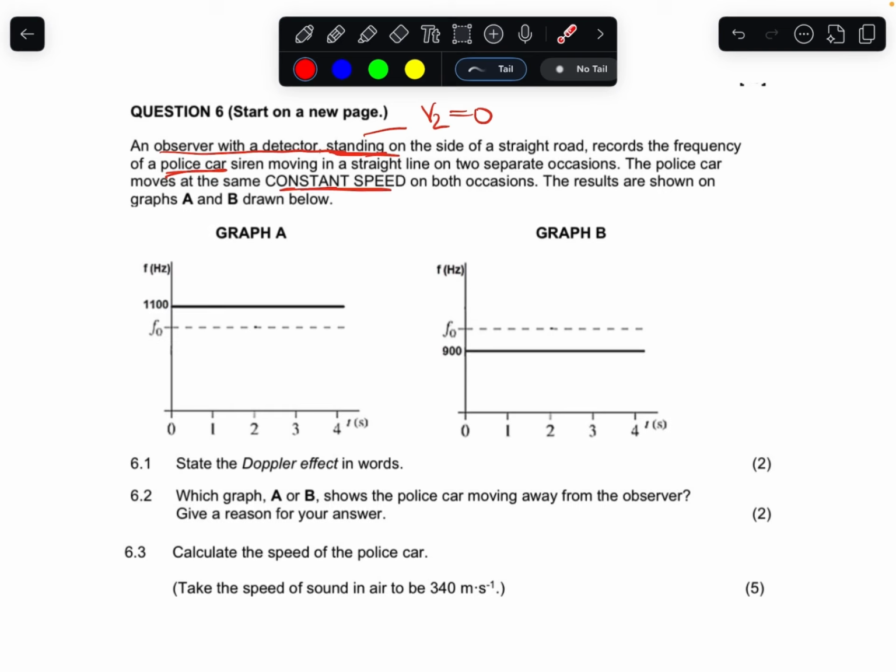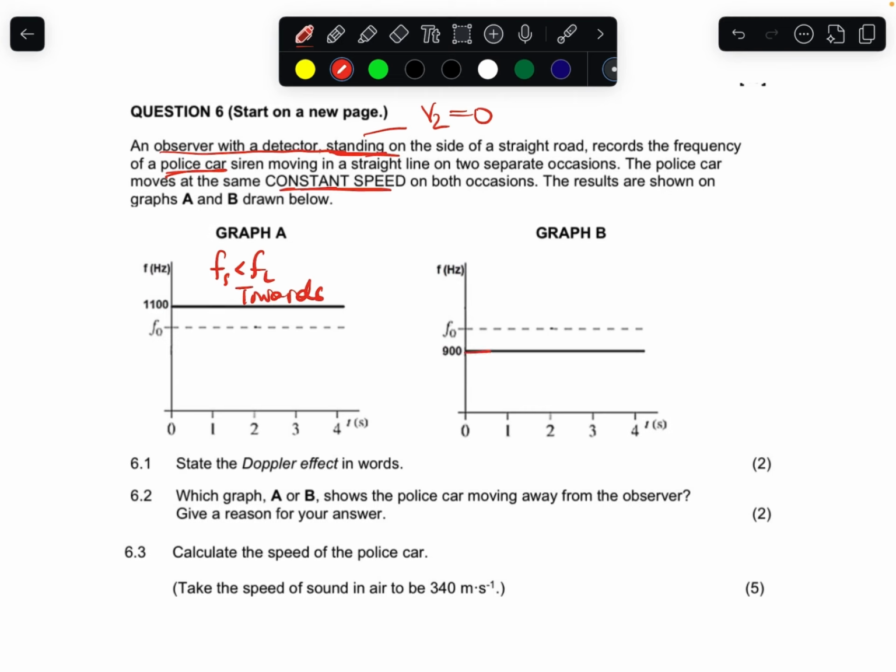So guys, let's look at the graph. Graph A, this is the frequency of the source, and if you look at the frequency of the listener, it's 1000. Here the frequency of the source is lesser than the frequency of the listener, so that means it was moving towards, since the frequency of the listener is higher than the frequency of the source.